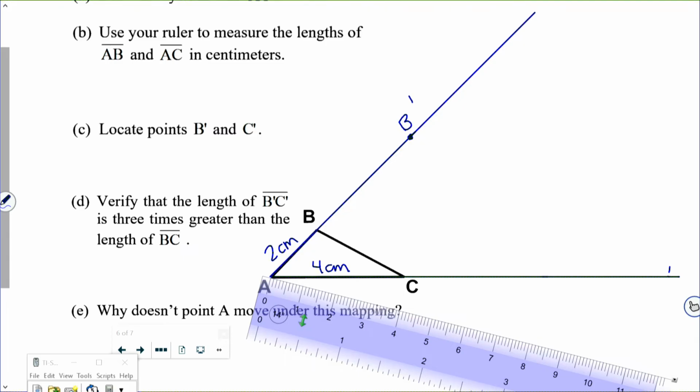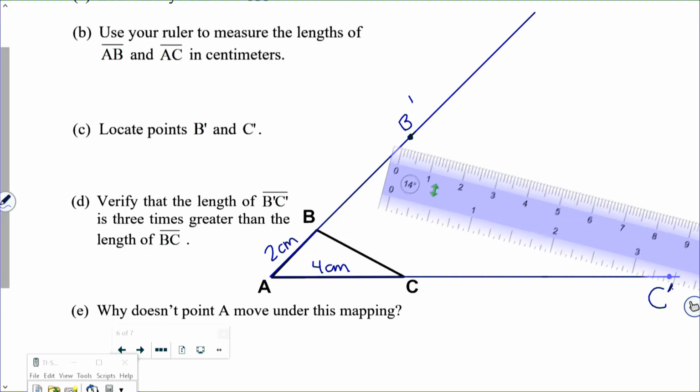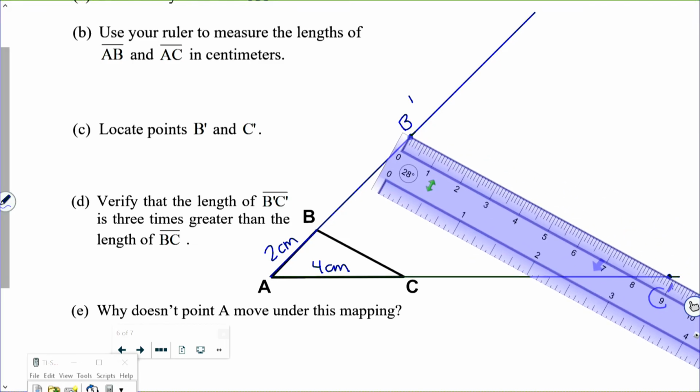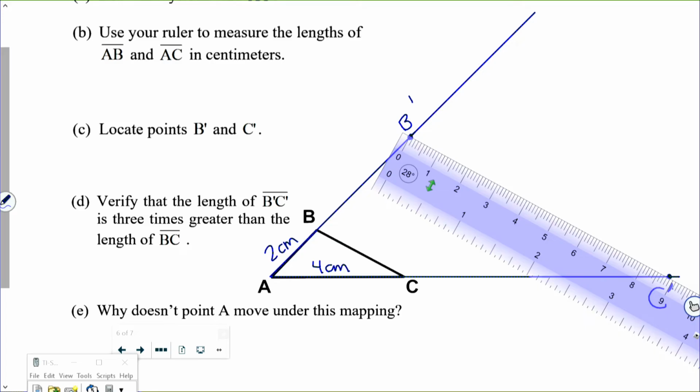All right, so this should be point C prime. Okay, we can now draw in line segment B prime, C prime. I know the problem didn't ask us to do that, but we're going to have to do it eventually. So I'm going to take advantage and do it right now.